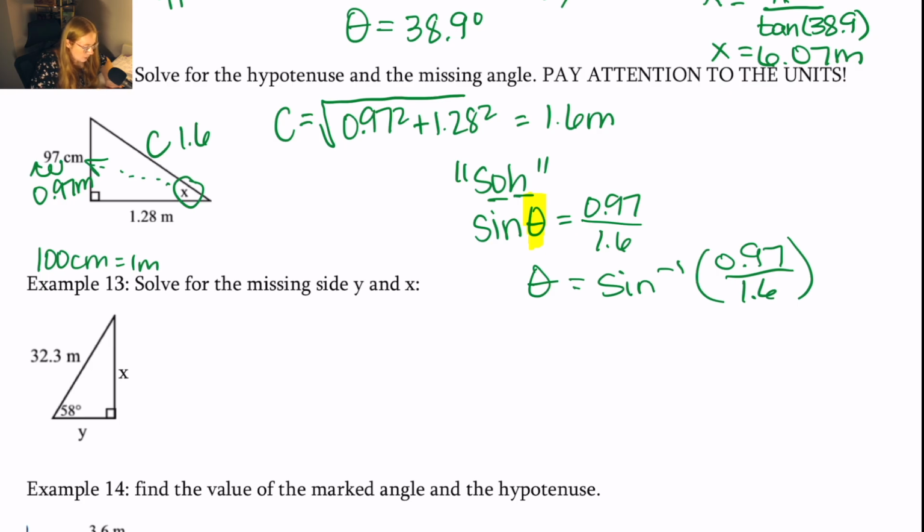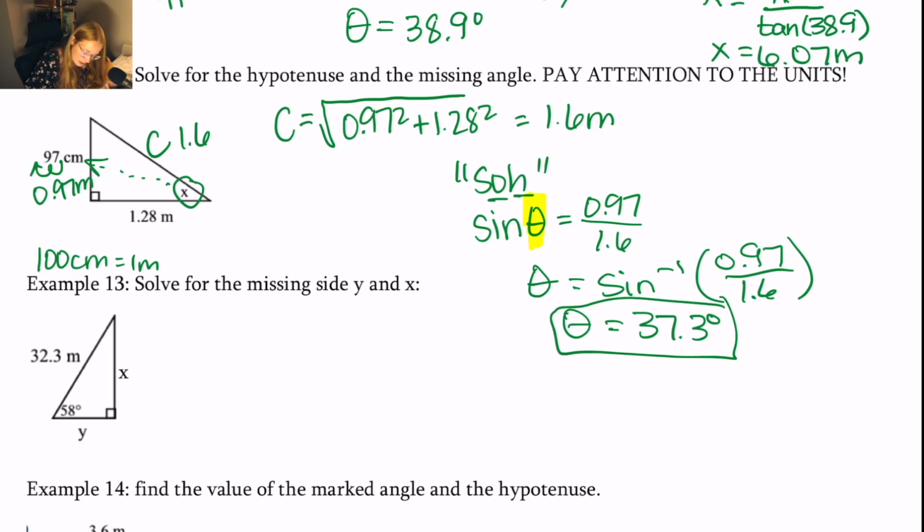Okay, so remember, inverse is shift sine. So we're doing shift sine, 0.97 divided by 1.6, close your parentheses, and it looks like that angle is 37.3 degrees. You should have gotten the same answer if you did cosine or tangent.